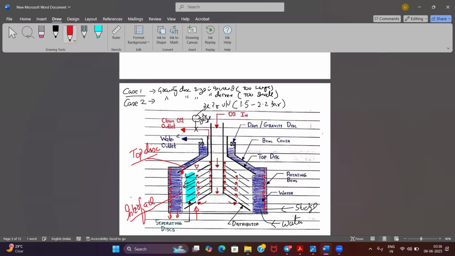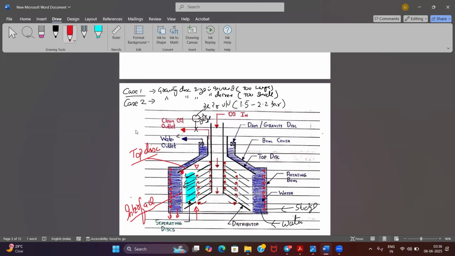This interface line should form within the top disk, but not on the disk stack. Okay, it should not be on the edges of the disk stack. So it should be in between. Okay. Now a lot of factors will affect this interface. Okay, that we will discuss after some time. So this is the place where the interface is forming.